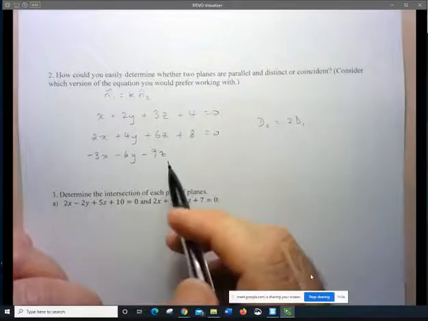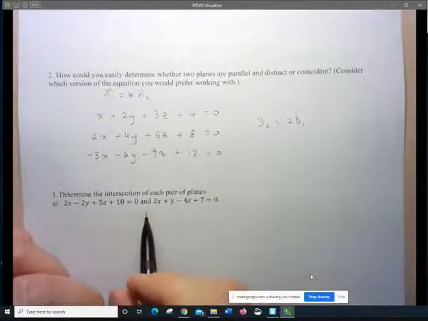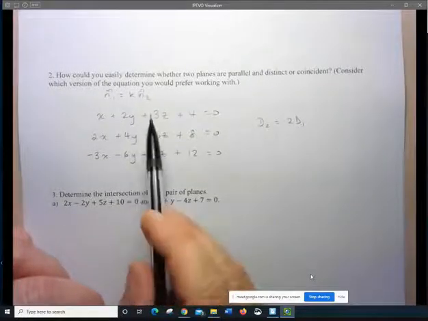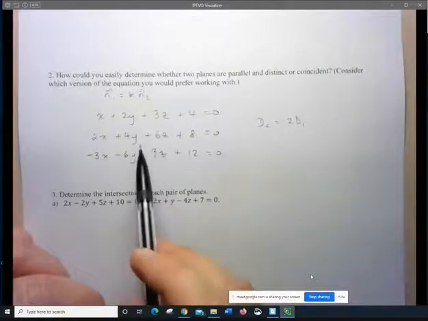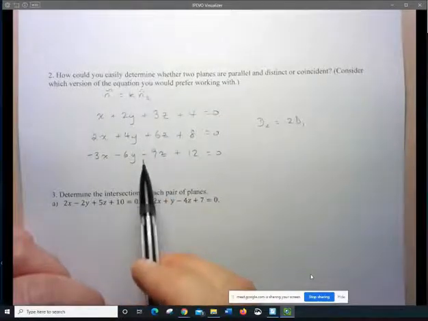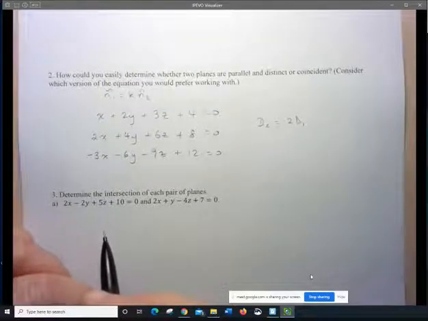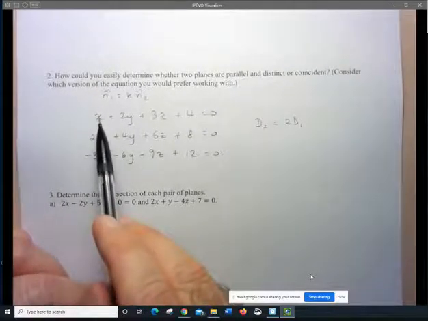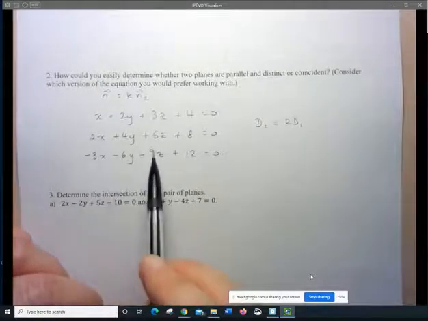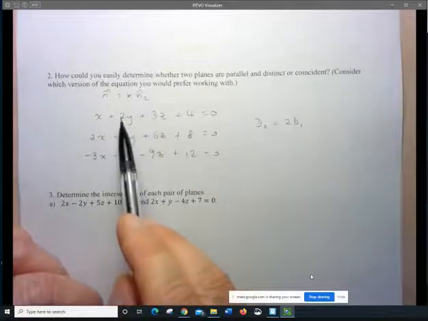Whereas here, if I have plus 12, what can you tell me about the first plane and the third plane? What is the relationship between the first plane and the third plane? Yeah, they're going to be parallel and distinct, because I look at the normal vectors, and -3, -6, -9 is a scalar multiple of the normal vector of the first plane.